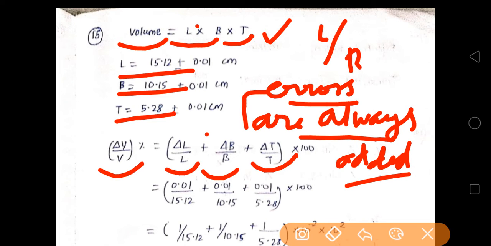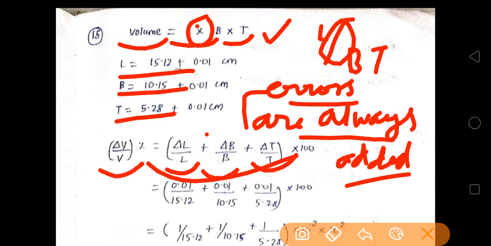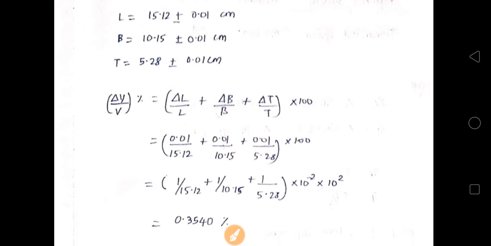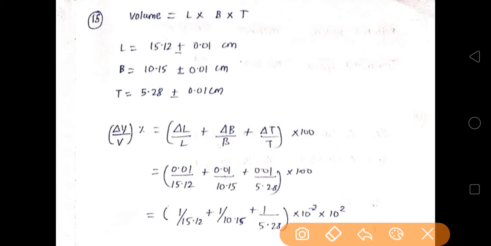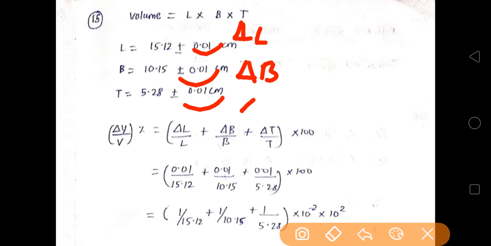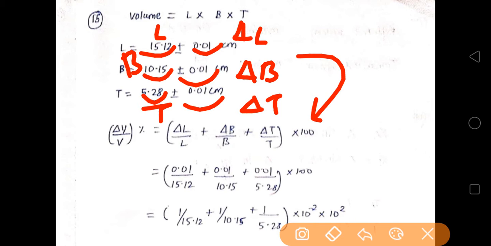Errors are always added, whether it's a division symbol or a multiplication symbol. So what is del L? This is del L, this is del B, this is del T, this is L, this is B, and this is T. So substitute here in this equation.